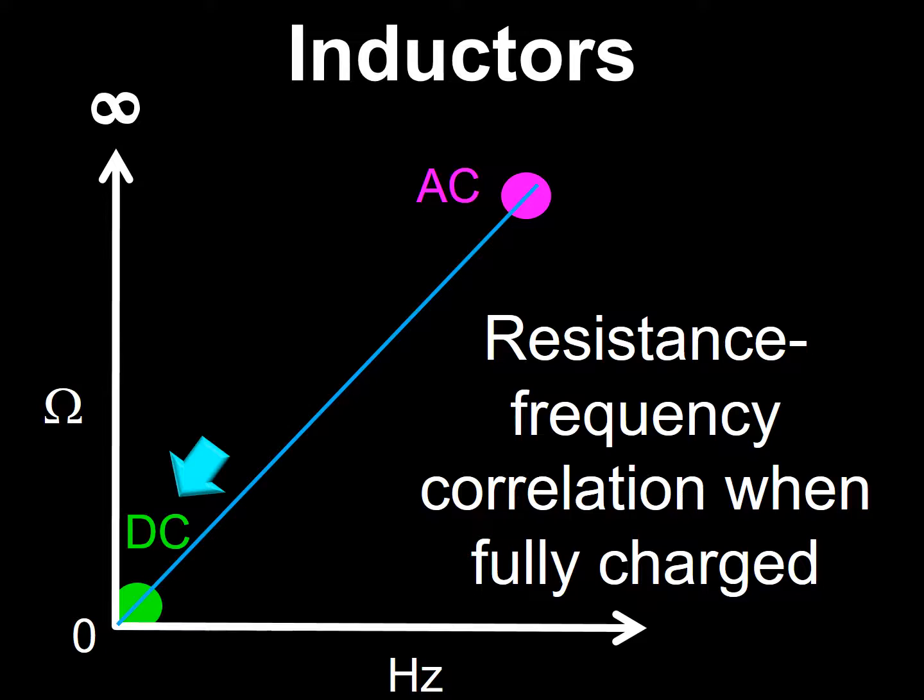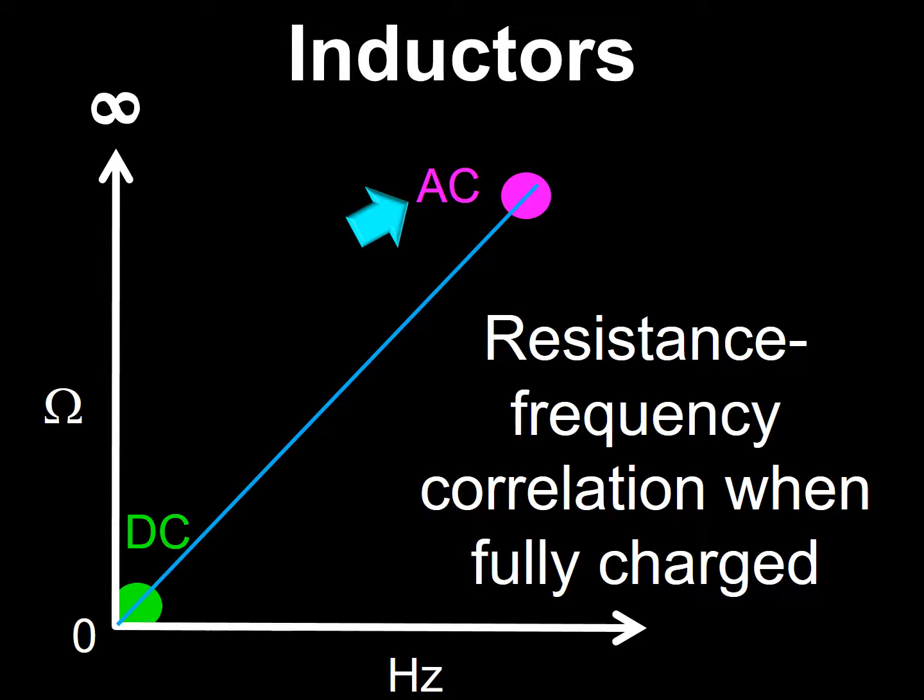Direct current travels uninterrupted and unmodified through a completely charged inductor. Direct current has zero frequency and thus is subject to zero resistance.